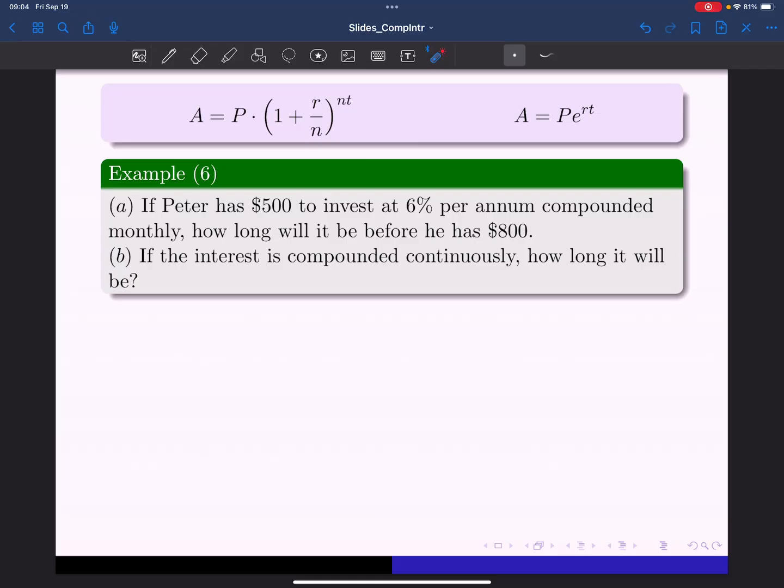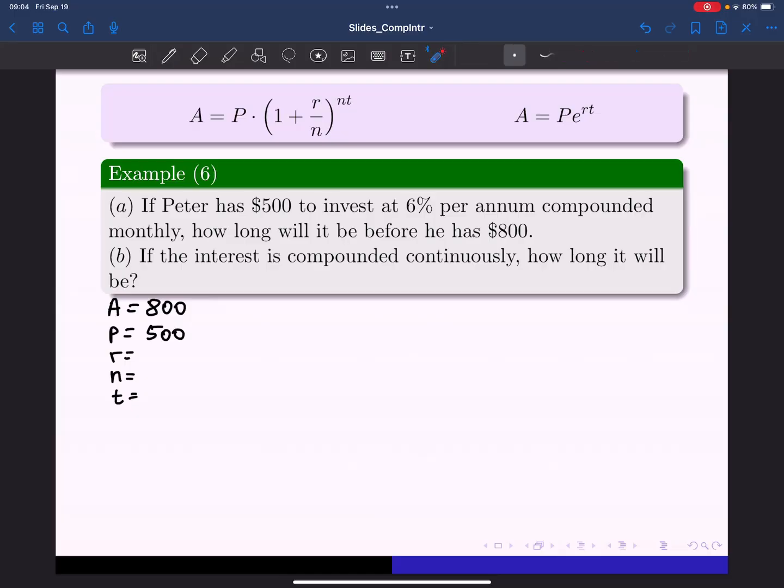So for part A, let's list what is A, what is P, what is R, what is N, what is T. A is the final amount. Final amount is 800. P is the initial amount. Initial amount is 500.